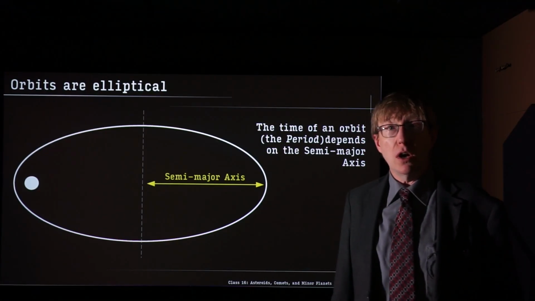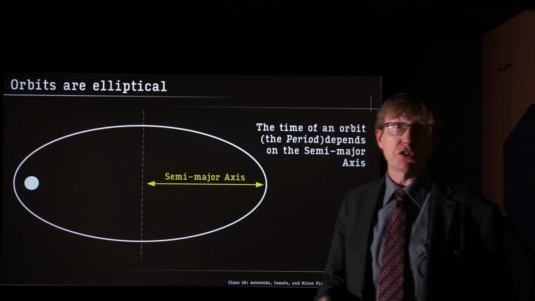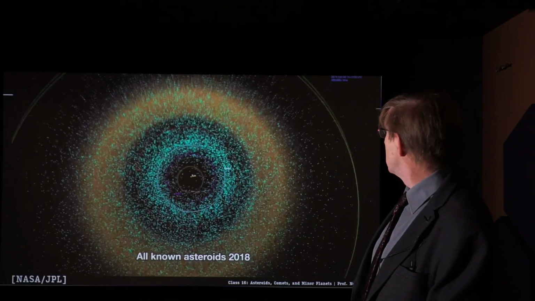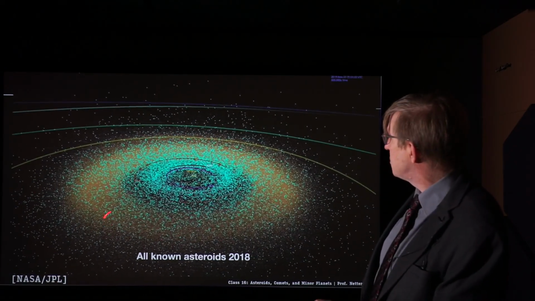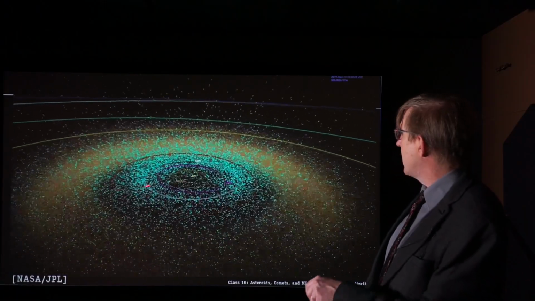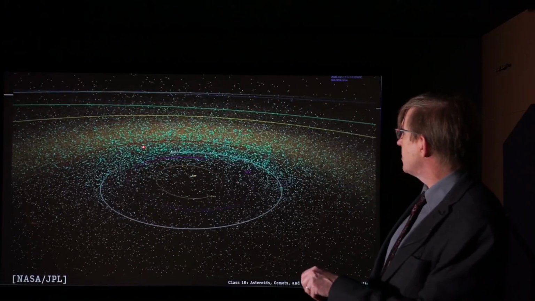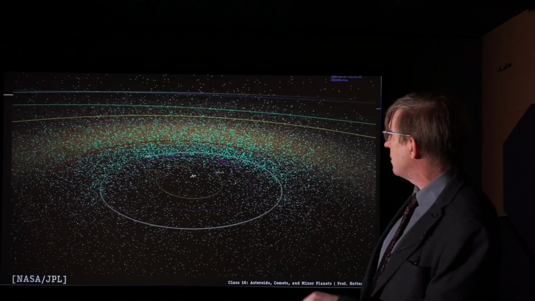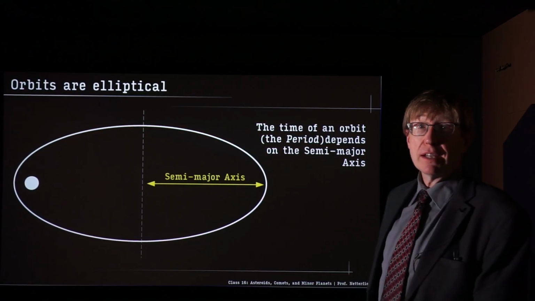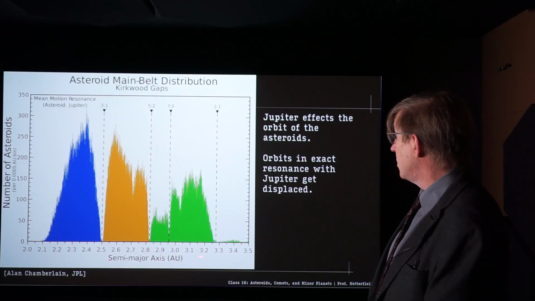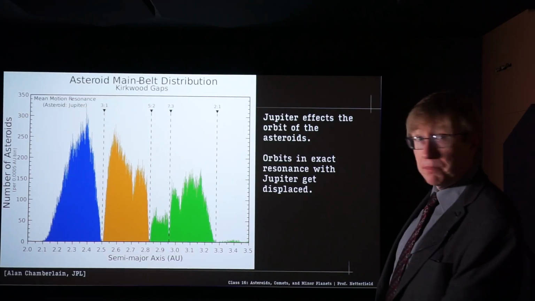So there's something that people noticed when they started plotting the position of all of these asteroids. Now, in this picture, you don't see any real trends. You see just kind of this band of asteroids starting in here and getting denser and denser and then getting less dense as you go out. It turns out that if instead of plotting the position, you plot the semi-major axis, here's an interesting plot.